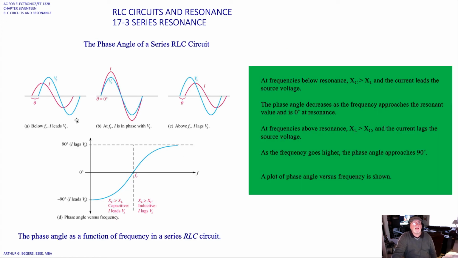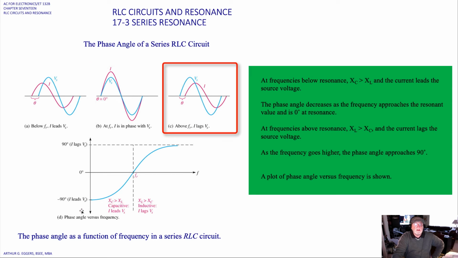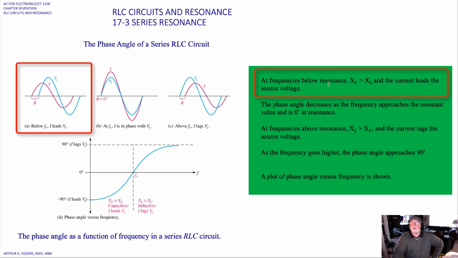If we look at waveform by waveform, we have the case below the resonant frequency, at resonant frequency, above resonant frequency, and then our phase angle versus frequency. At frequencies below resonance, the capacitive reactance is greater than the inductive reactance, and the current leads the voltage source, and we see that in this waveform.